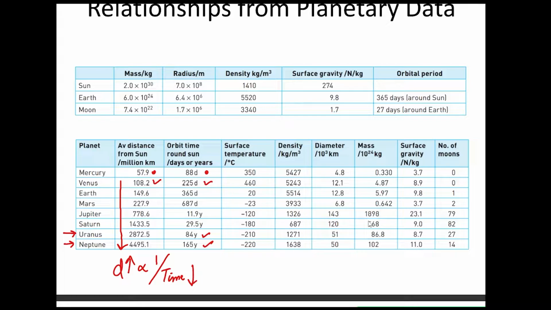So, sorry, it's going to be a direct relationship, not an inverse relationship. It's going to be a direct one. If the distance from the Sun increases, the time taken for these planets to orbit the Sun also increases, and consequently the orbital speed decreases. They are moving slowly in comparison to the planets that are closer to the Sun.